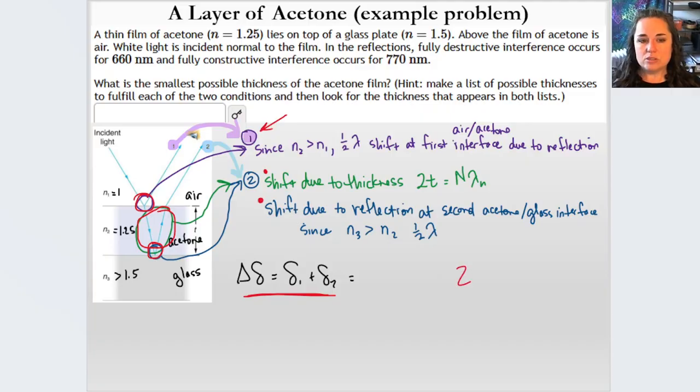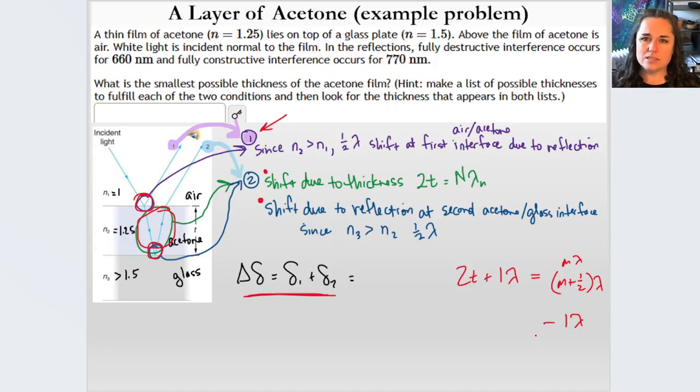If you had left the 2t plus 1 lambda on there and set that equal to either m lambda or m plus a half lambda, I don't think you would have gone wrong, because you just subtract 1 lambda on both sides. But I think that means you would have adjusted your m values.